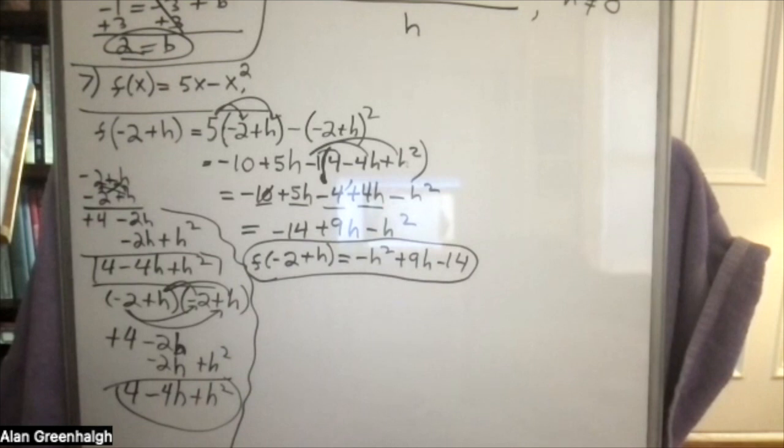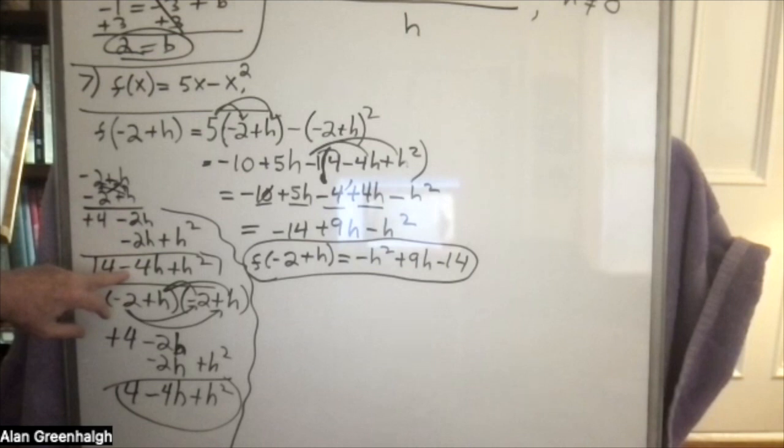Professor, I'm so confused. I thought -2 plus h squared would be 4 plus 4h. You mean you thought that, because you're adding two negatives? Yeah, that would be 4, right?